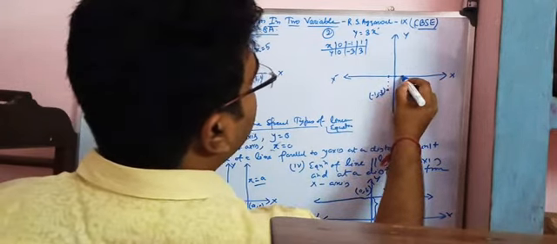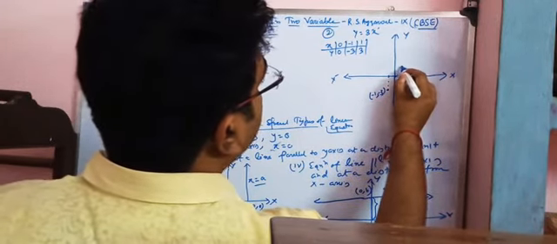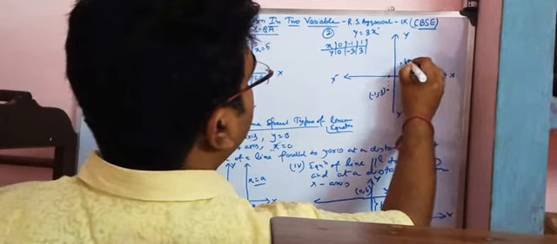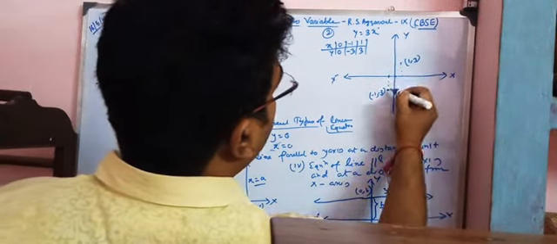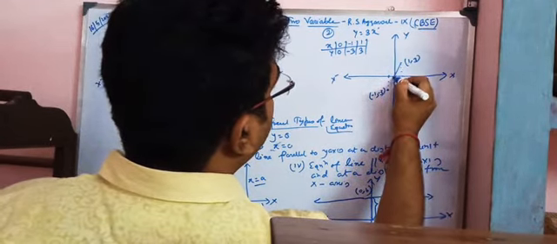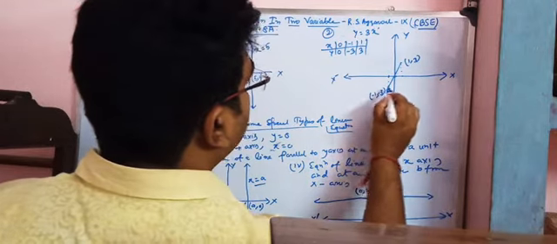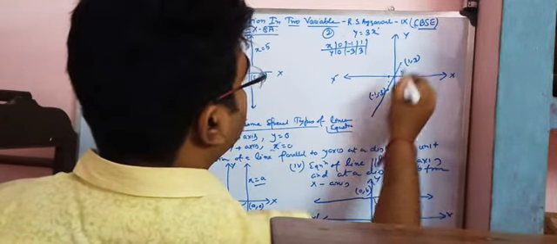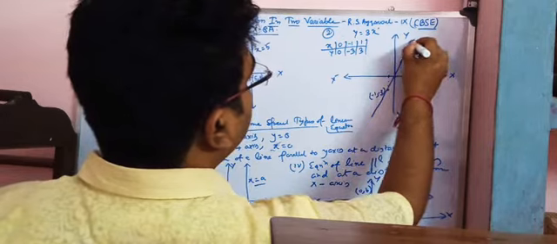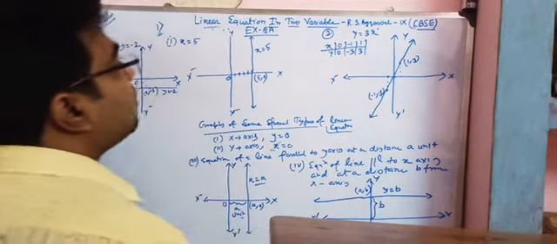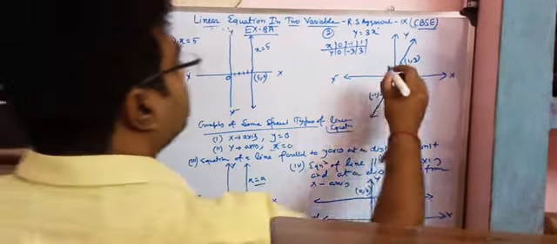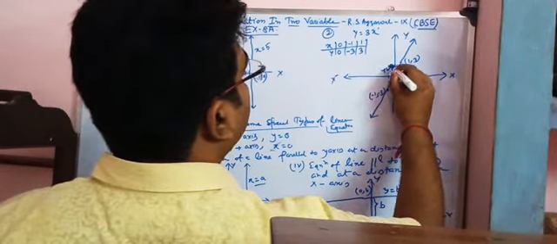Next 1, 3. This is 1 and this is 3. So now we are joining these. Okay, so this is my required straight line, y is equal to 3x.